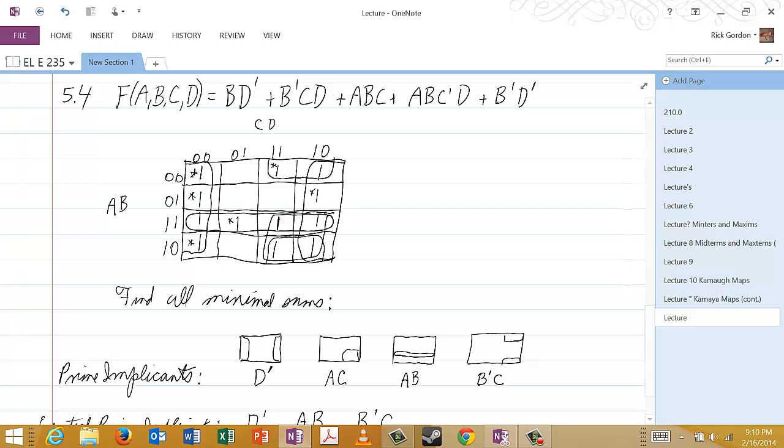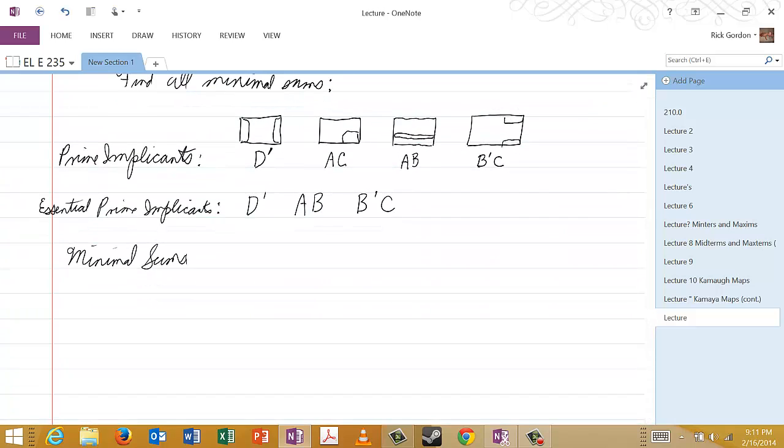Okay, again, this function is capital F of A, B, C, D. And remember, we don't know how many minimal sums we're going to have. I'll just start with 1 here. And remember, we always start with what's essential.